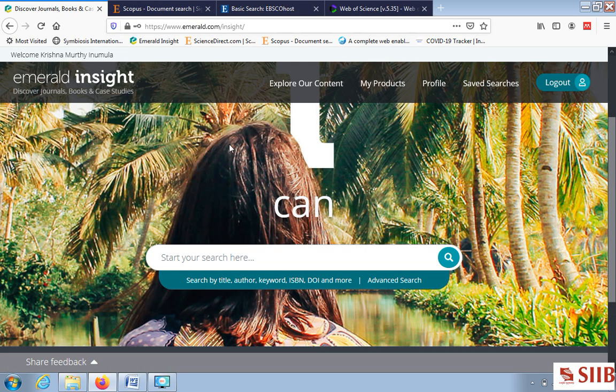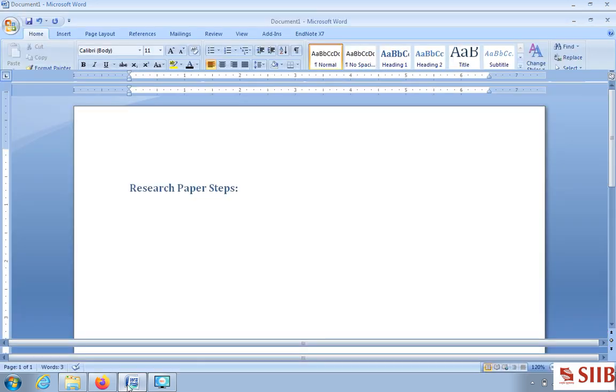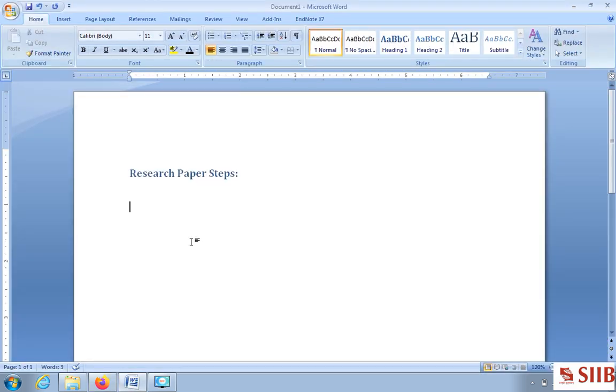Now before we understand, let us understand the sequence of steps in the research paper. The first one is the introduction phase. So I am writing the sequence of steps, though it is not actually the sequence, but at the end this is the sequence you should follow. So introduction, then literature review.